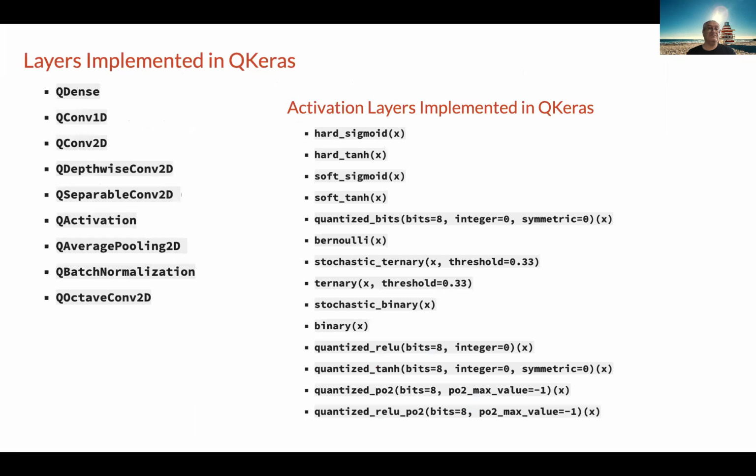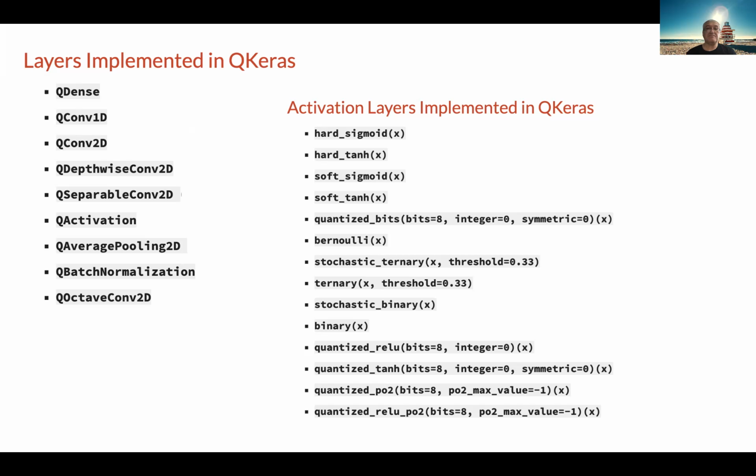So QKeras basically gives you a very large number of layers, like convolutional layers, and you have to understand that right now we have recurrent neural networks quantized as well, like QRNN, QLSTM, and QGRU more recently. But what's interesting in QKeras is that it has a very large library of activation layers and quantizers. And to tell you the truth, in this presentation and in QKeras, activation layers and quantizers are used interchangeably.